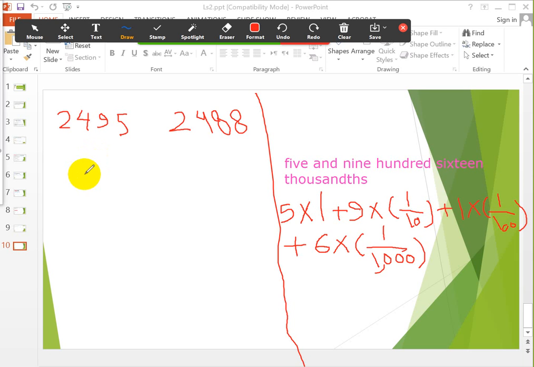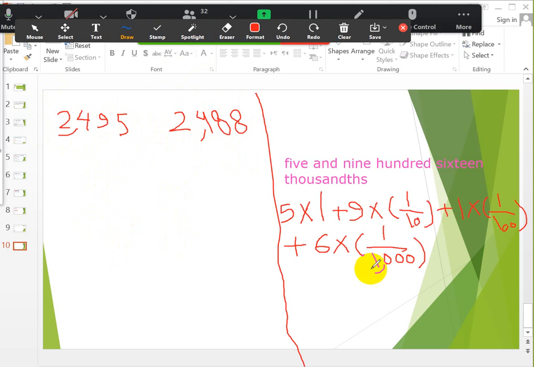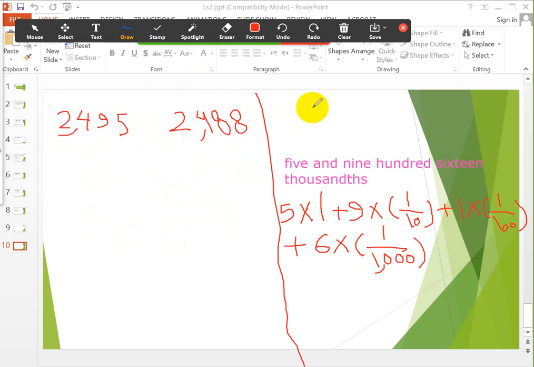So let's talk about comparing now. If I want to compare between those numbers, you know how to do it. Look, this is a thousandths number. When I compare numbers, I will use greater than, less than, and equal.